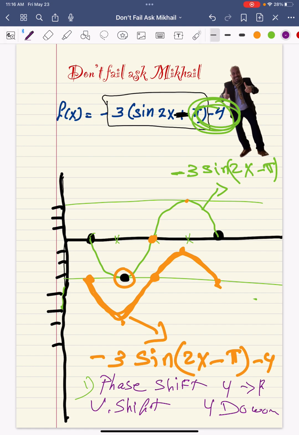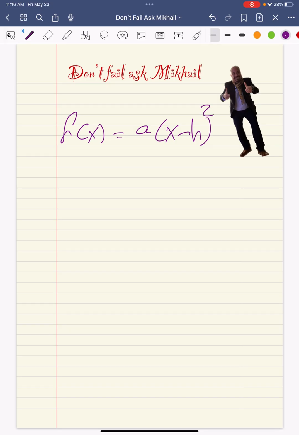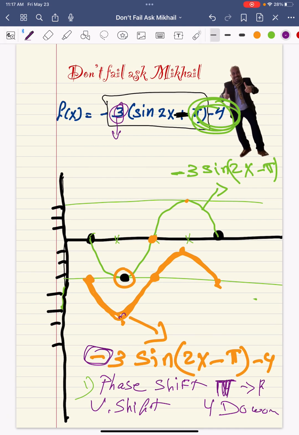Then I have a reflection about the x-axis, because of the negative 3. And also because of the 3, remember from the quadratic, f of x equals a times x minus h squared plus k, a has to do with the vertical stretch or compression. Because this is 3, we have a vertical stretch here.